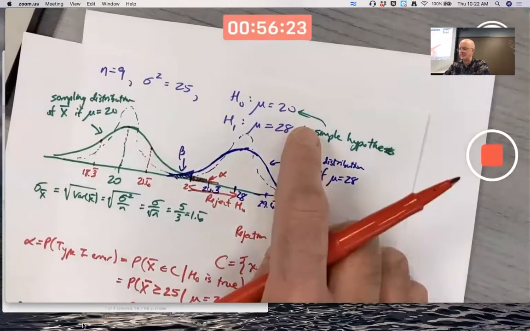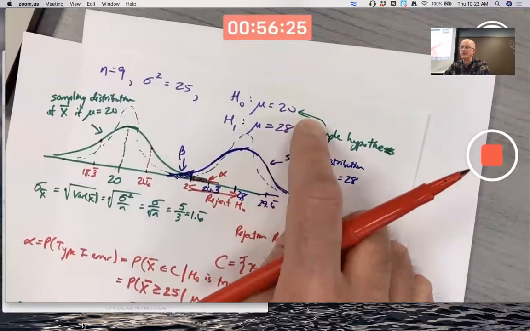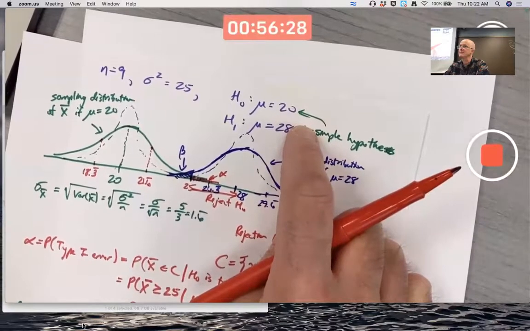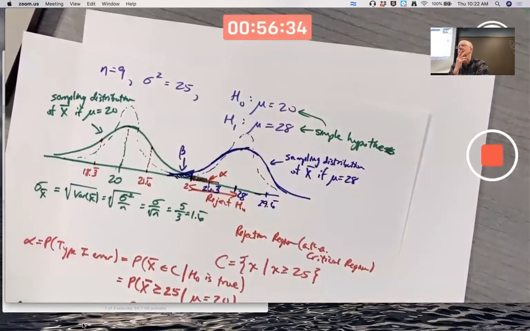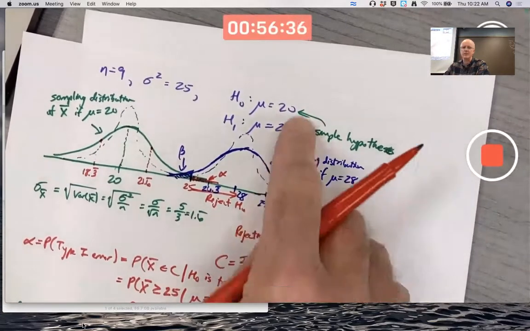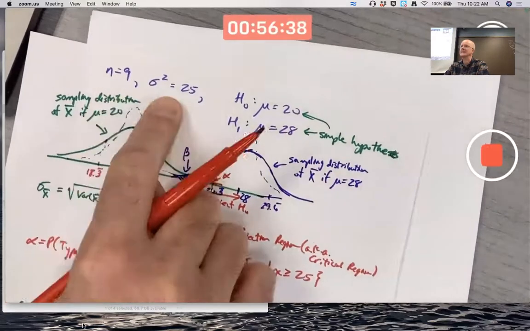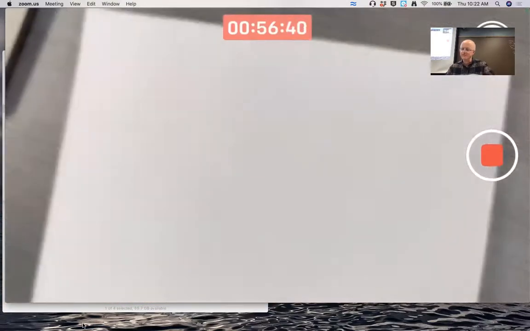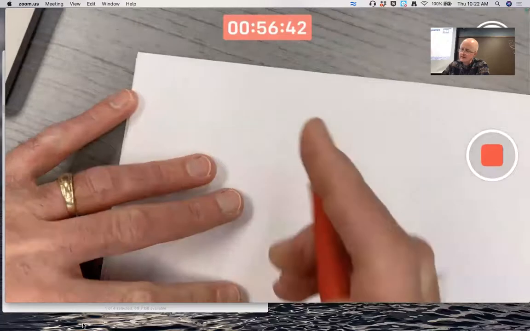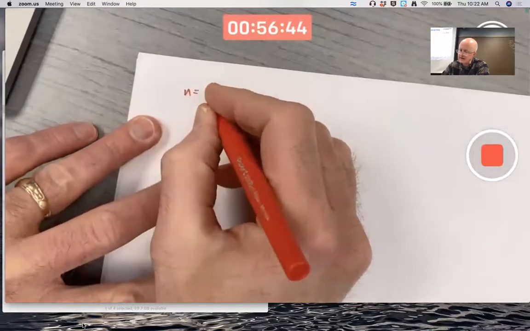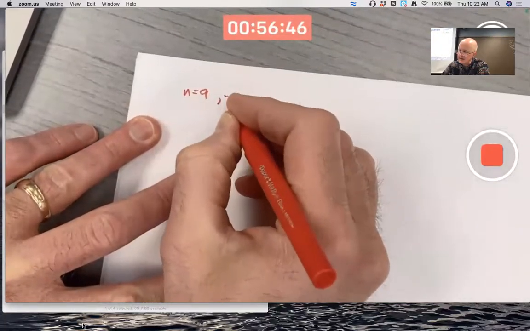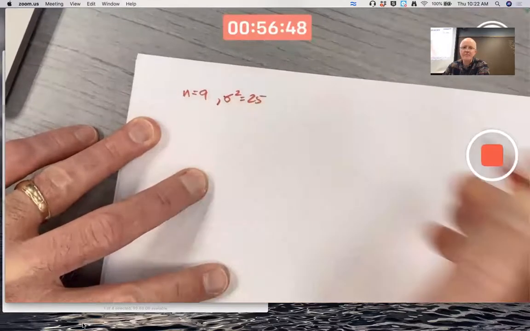And in fact, I could even keep 20 and 28 unspecified. I could call them mu0 and mu1, perhaps. Should I do that? Maybe I should keep these mu0 and mu1, but I'll keep n equals 9 and sigma squared equals 25. So n again still is 9 here. Sigma squared is 25.